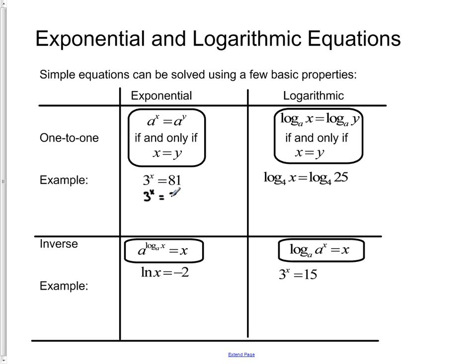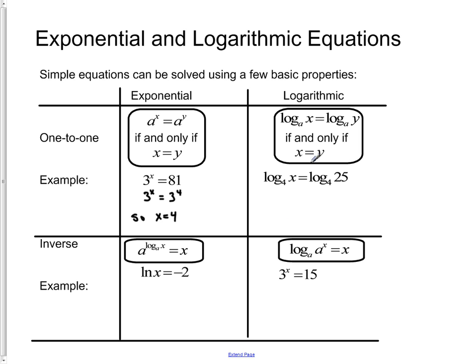That would be the same as saying 3 to the 4th. So by this property, we conclude that x must equal 4 in order for this equation to be true, because exponential functions are one-to-one.